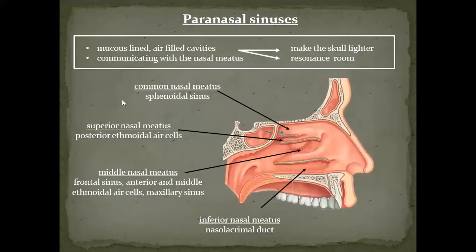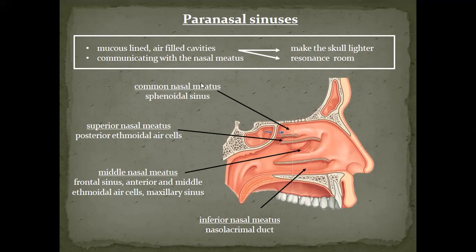Okay, the paranasal sinuses are also lined with the nasal mucosa, so with this respiratory epithelium, which is pseudostratified columnar epithelium with kinocilia. And here in this picture, you can see where these paranasal sinuses open. Okay, so all of them are in connection with the nasal cavity.